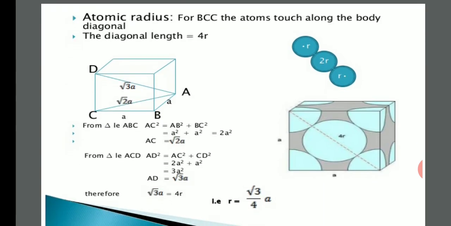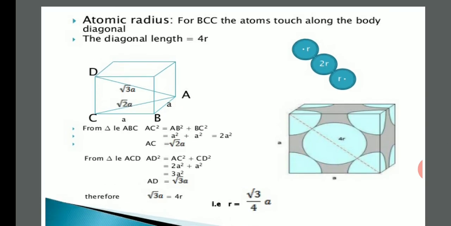Atomic radius for BCC: the atoms touch along the body diagonal. So the diagonal length is 4r. This is 2r and there are two sides of r, so total 4r. From triangle ABC in this figure, BC side is a and AB equals a, so AC is square root of a square plus a square, that is root 2 a, according to Pythagoras formula.